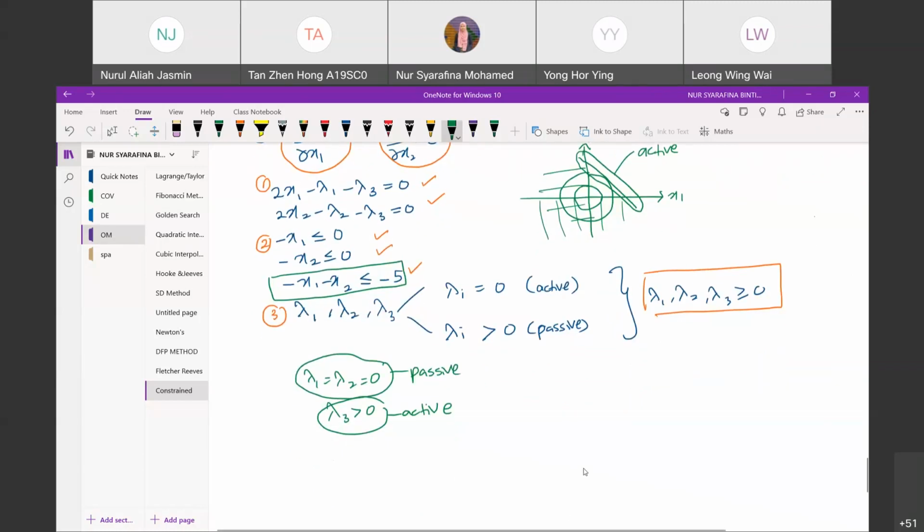Okay. So now, by looking at the condition here, when you consider that lambda 1 and lambda 2 are passive and 0, from this equation you have 2x1 minus lambda 1 minus lambda 3 equals 0, and 2x2 minus lambda 2 minus lambda 3 equals 0. Since these are passive, you just consider them 0.